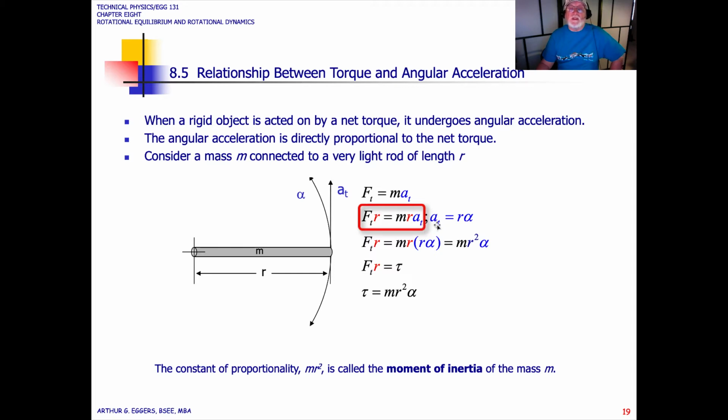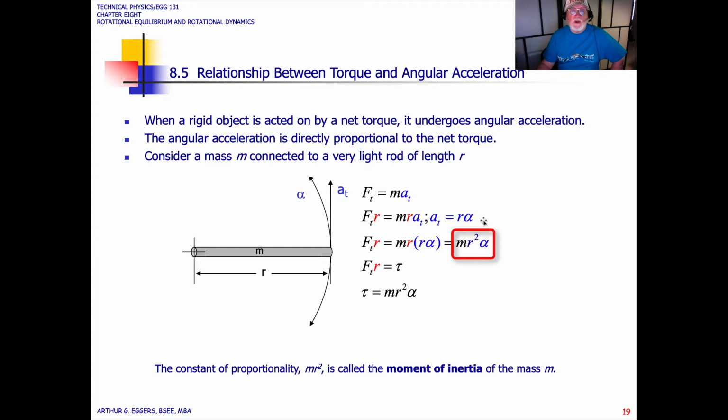And recall, in the last chapter, we saw that acceleration tangential, our linear term, had a conversion factor that said it was equal to the radius times the angular acceleration. So now, force tangential times the radius is equal to mass times the radius, and we substitute for acceleration tangential this term, radius times angular acceleration. And so now we get mass times radius squared times the angular acceleration.